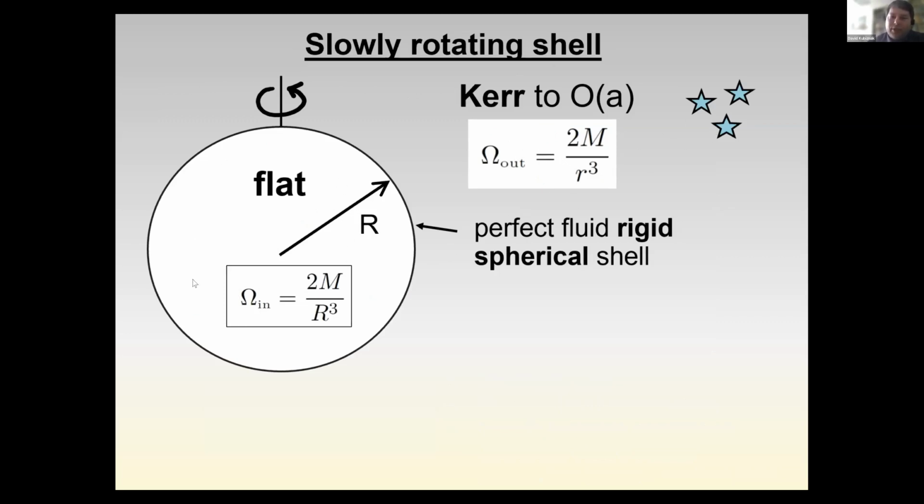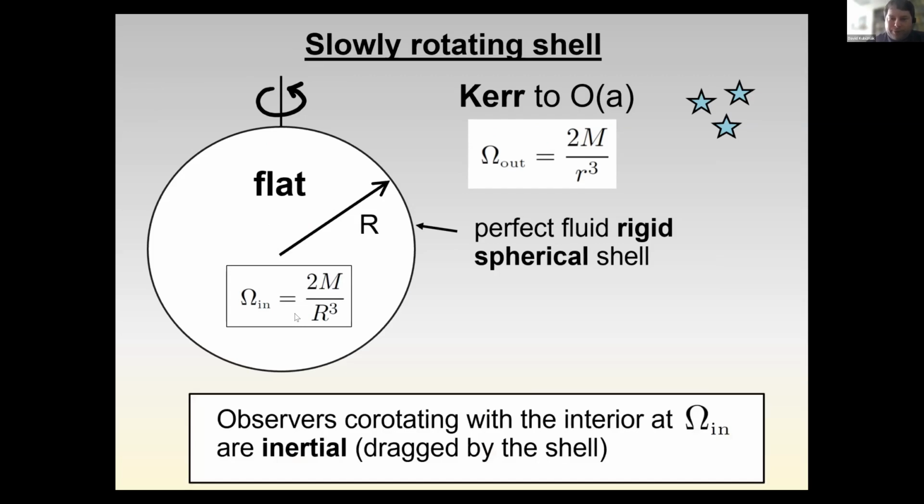Inside is rotating at a constant angular velocity, and the shell is composed of that perfect fluid. If you put an observer or a detector inside the shell, it sees just flat space. So there are no Christoffel symbols, nothing. It's just an inertial observer. And so if it correlates with the inside, it rotates with respect to the distant stars.